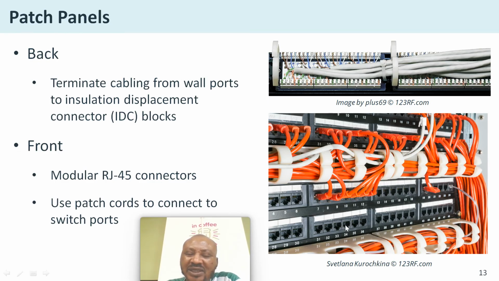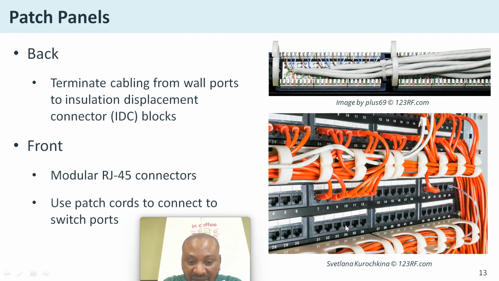A patch panel is just to help identify network cables, just for cable management. For your computer to be part of a network, there must be a cable that goes in. The cable carries electrical signals, so you join this computer to the other.